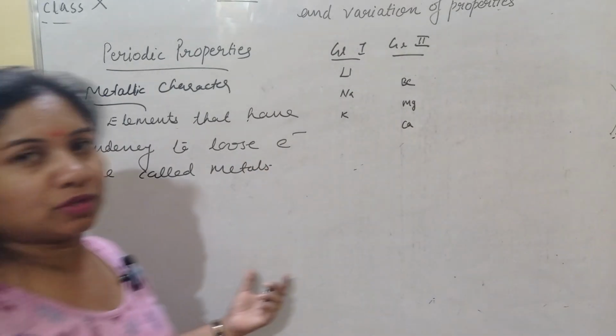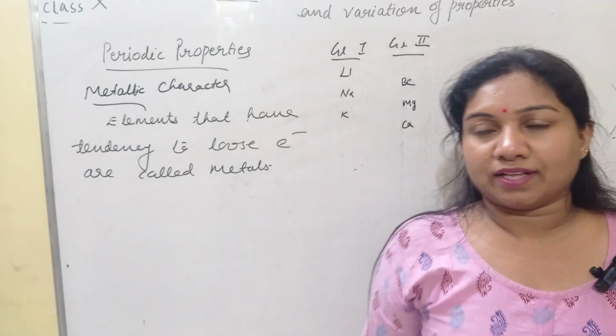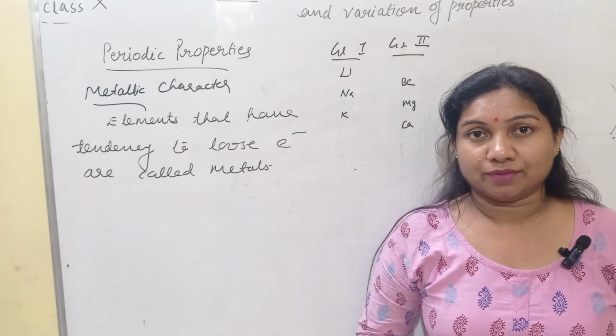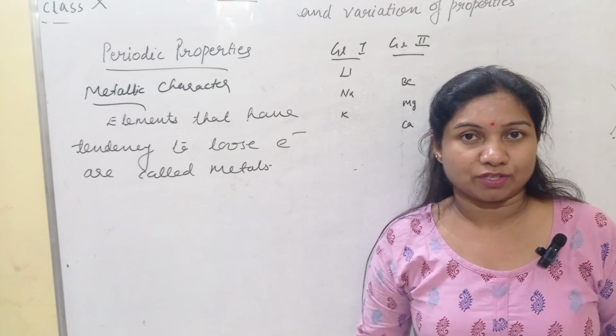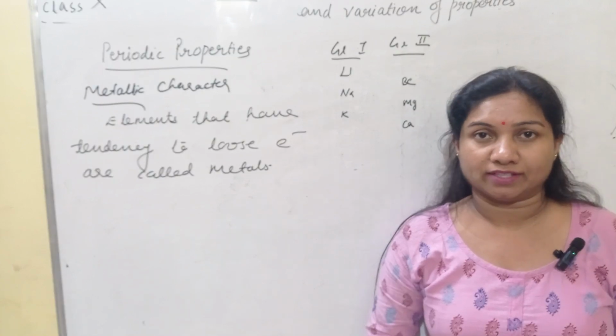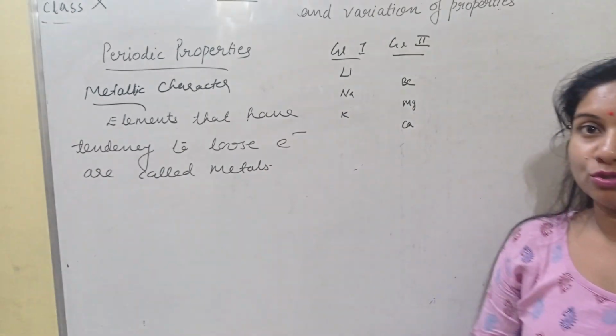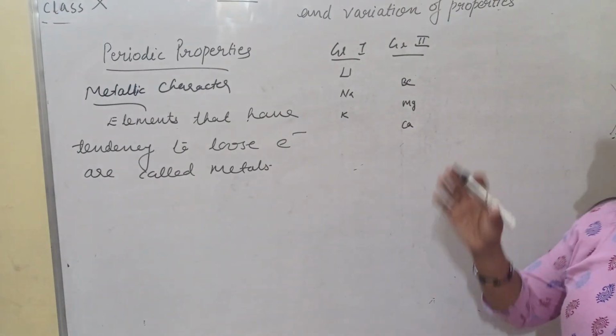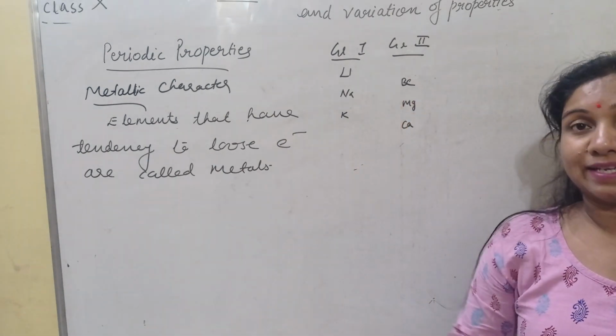Just now we have seen the example of sodium. What happened in that case? Sodium lost one electron and became stable by getting the electronic arrangement similar to that of neon, its nearest noble gas. Sodium belongs to group 1 and it is losing one electron. That means it has the tendency, and all the rest of the elements of this particular group will have the same tendency.